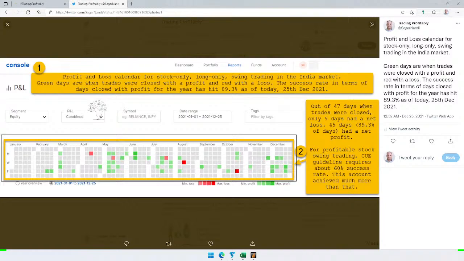This is from Zerodha Broker, one of the largest brokerages in India right now. I actually shared this brokerage snapshot earlier, around maybe February, March, April, when I started using this account, and now I am sharing again at the end of the year.